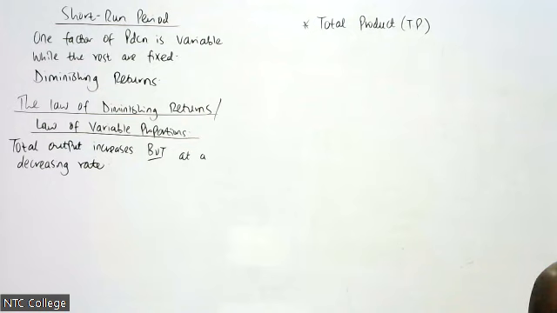Let me repeat. Total product: this is the total output resulting from the effort of all factors of production combined at any one time.